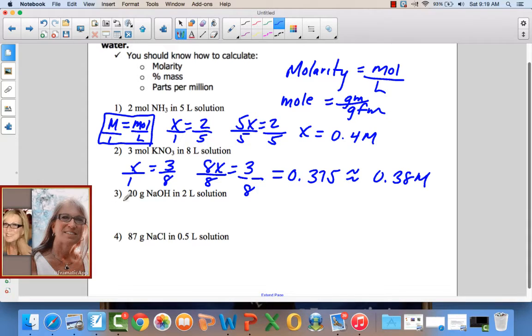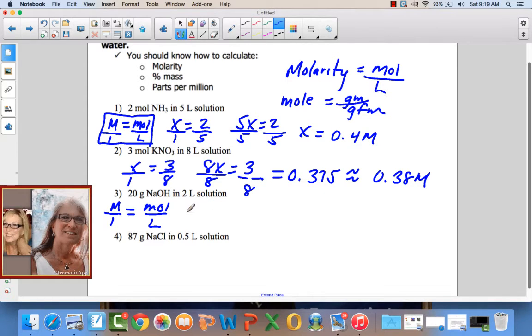Now the next one, 20 grams of NaOH in a 2-liter solution. If my formula is molarity equals moles over liters, I can see that I don't have moles. I have my liters. So I have to do a mole calculation first.